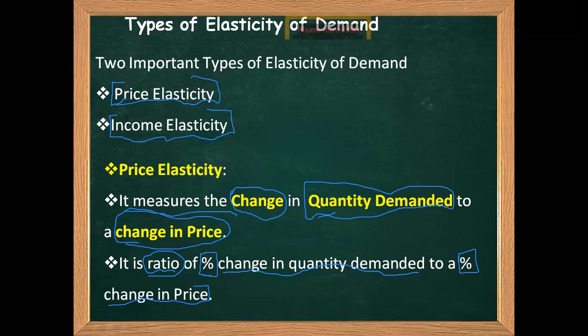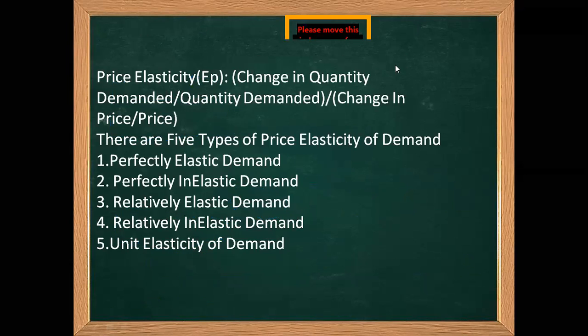It is represented as EP for price elasticity. As we said, the change in the quantity demanded: for example, the earlier demand was Q1 and now the demand is Q2.